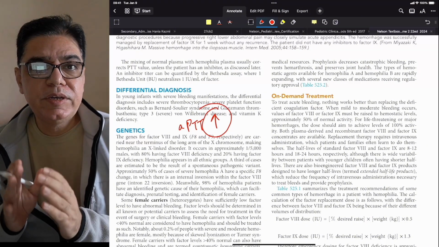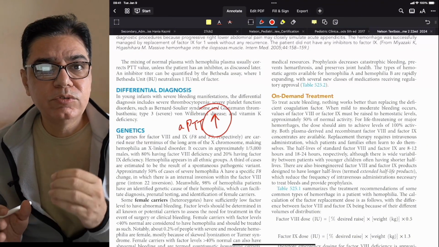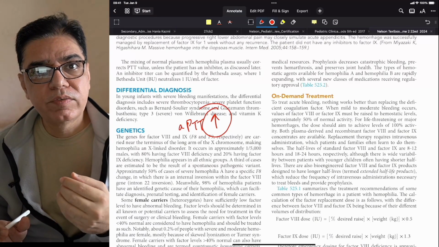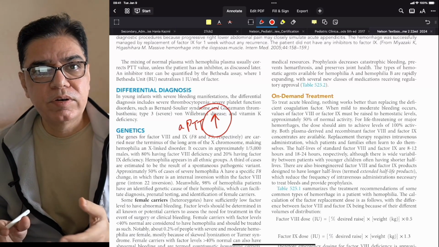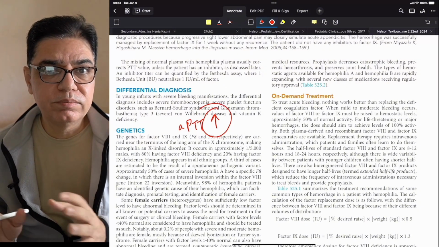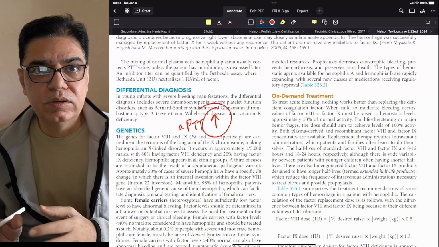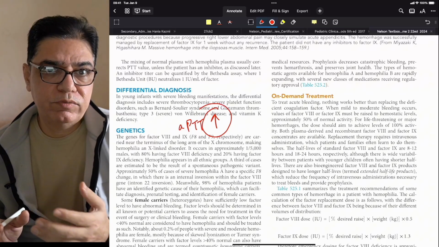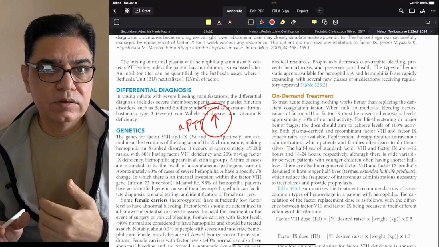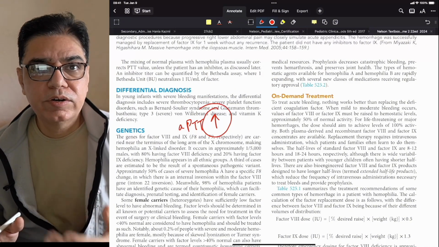If the APTT is prolonged, it gives you an indication that the intrinsic pathway is affected, and there could be a problem with either factor 12, factor 11, factor 9, or factor 8. Now, normally factor 12 deficiency doesn't present with bleeding diathesis and is usually asymptomatic. So you are left with deficiency of factor 11, factor 8, or factor 9.